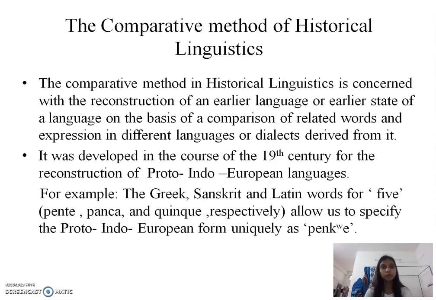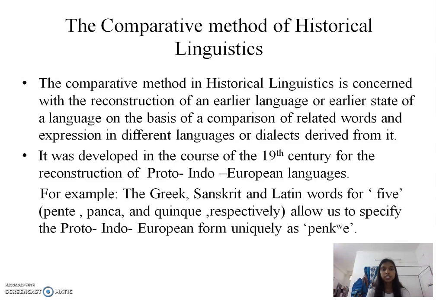Now I am going to tell about the comparative method of historical linguistics. The comparative method is one of the important methods of historical linguistics. It is concerned with the reconstruction of an earlier language or earlier state of a language on the basis of a comparison of related words and expressions in different languages or dialects derived from it.